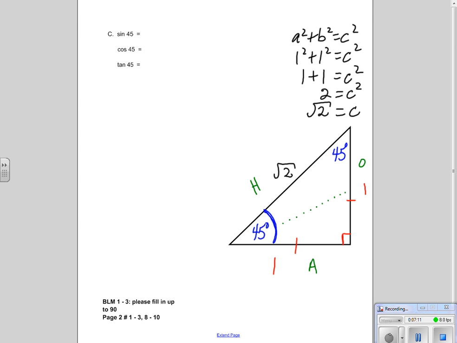So the sine of 45 degrees equals opposite over hypotenuse is 1 over root 2. Cos of 45 degrees is adjacent over hypotenuse, which is 1 over root 2. And the tan of 45 degrees is opposite over adjacent, 1 over 1, or 1. Can you make sure that you have filled those in on your chart? I'm going to fill up to 90 degrees, and then in your textbook, pages 2, 1 to 3, 8 to 10.